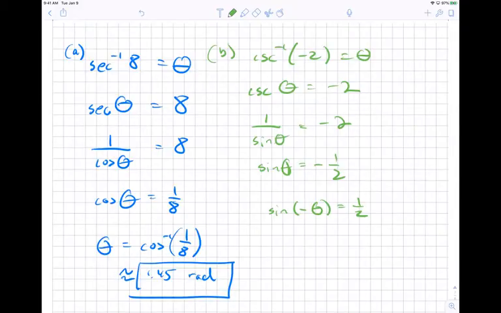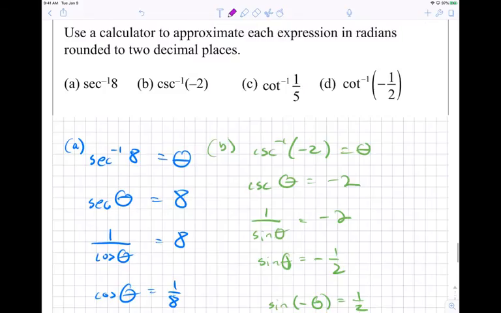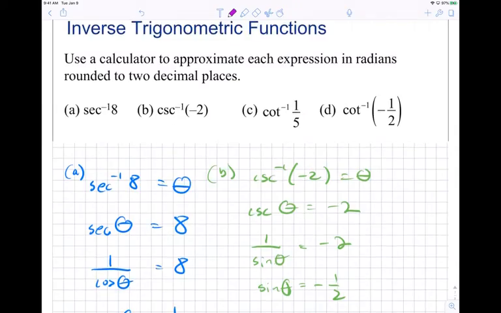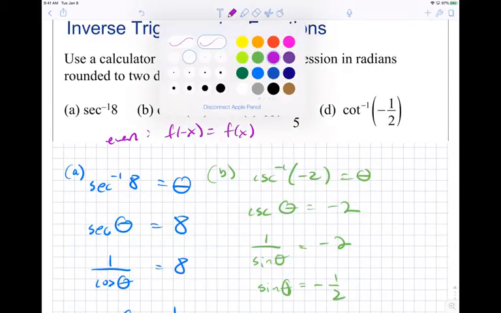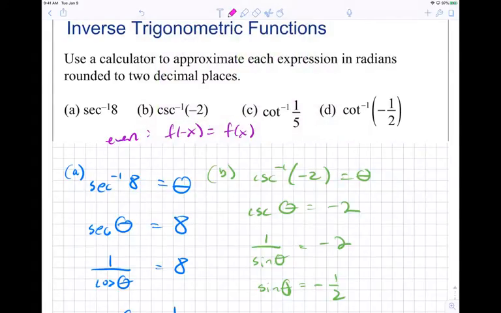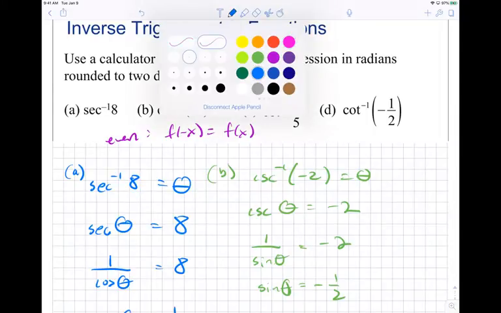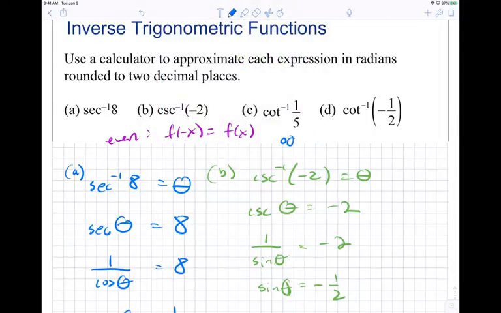Let me just write even and odd definitions really quickly here. A function being even means that when we do f of -x, this is f of x. A function being odd means that f of -x equals negative f of x.